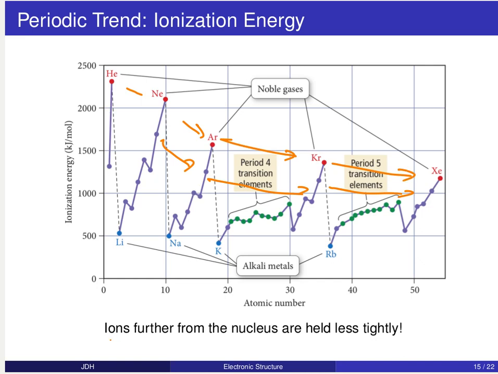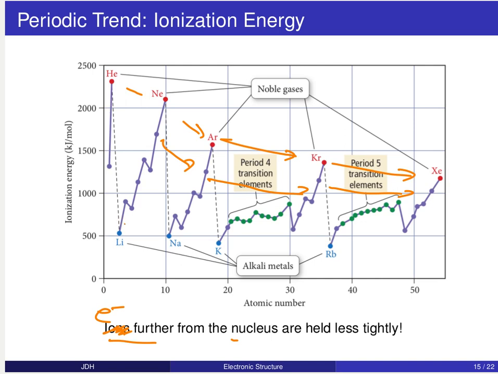And what that means is that electrons further from the nucleus are basically held less tightly. And this makes sense. We know that electrons further from the nucleus, well, they're not as close to that positive nuclear charge, therefore they're not going to be as attracted to it, and it's going to be easier to kick them out.